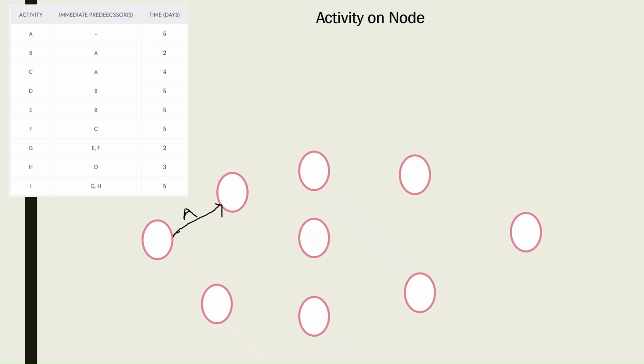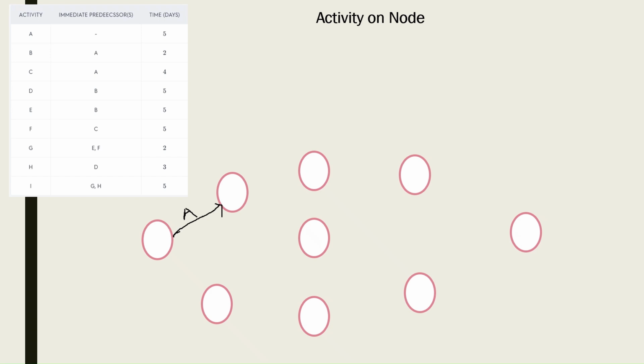This structure is called the activity on arrow diagram, where you mention your activity name on the arrow, but in the activity on node you mention your activity name inside that particular node. So this is the difference.